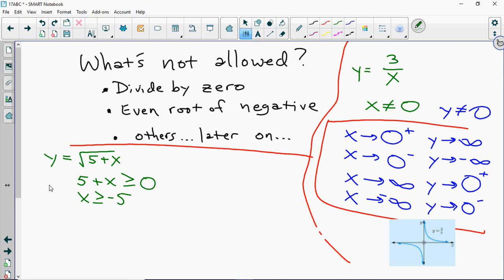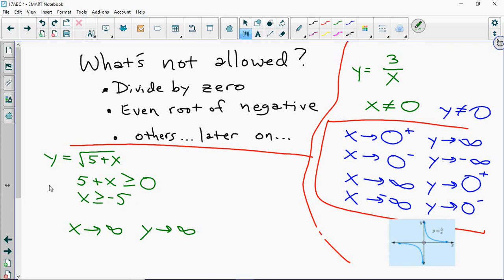Well, what happens when we take the square root of bigger and bigger numbers? The answers are bigger and bigger, right? So that tells me that as x goes off to infinity, the y value is also going to go off to infinity. The bigger x gets, the bigger y gets.